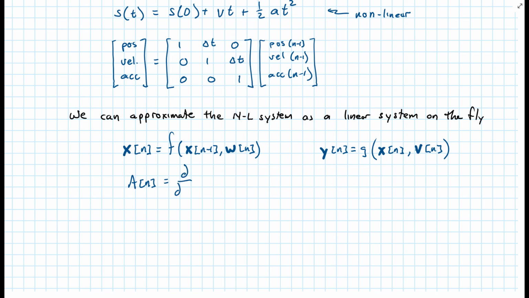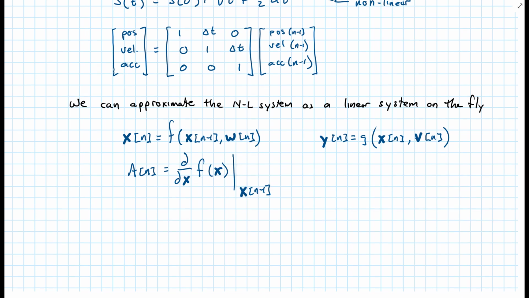So at time n, before we do our state update, we say that A is the derivative, so it's multidimensional, perhaps I could have used a different notation, with respect to the current state estimate of f of x, evaluated there at x of n minus 1.